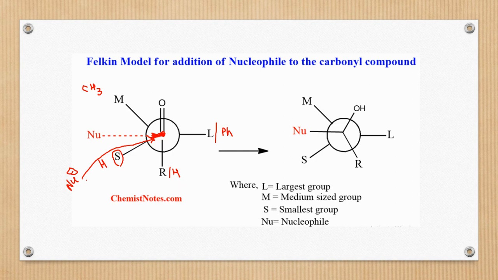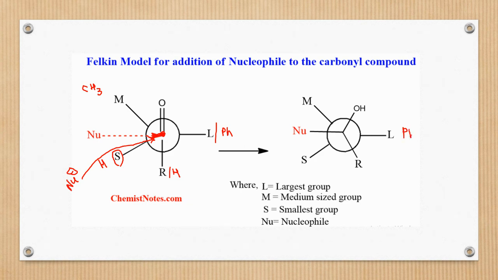This part. Yes, ma'am. Okay. Now the nucleophile has to add, right? If it is adding from here, opposite to the large group, then you will end up with this, because now the carbonyl double bond will reduce to OH. Here you will get this phenyl again.